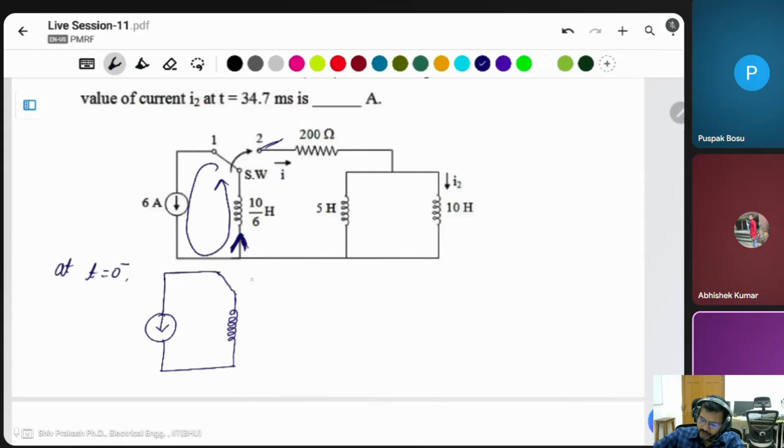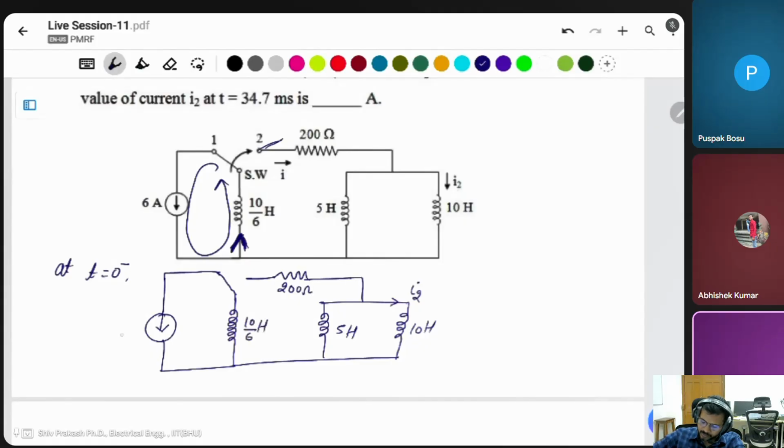The circuit looks like that. In your exam, there is no need to draw all the circuit. It will take time. If you understand without drawing the circuit, then simply you can write the value. The 6 ampere current is flowing like that. At t is equal to infinity, all the inductors will be short circuited.